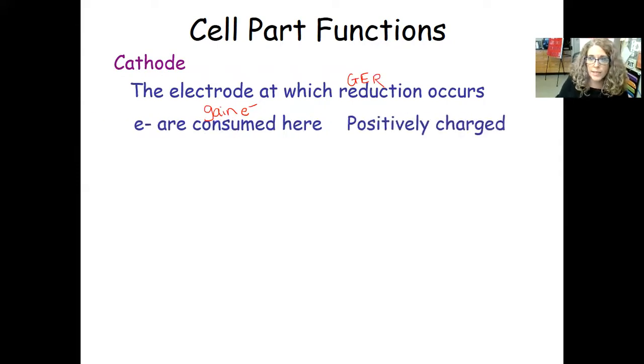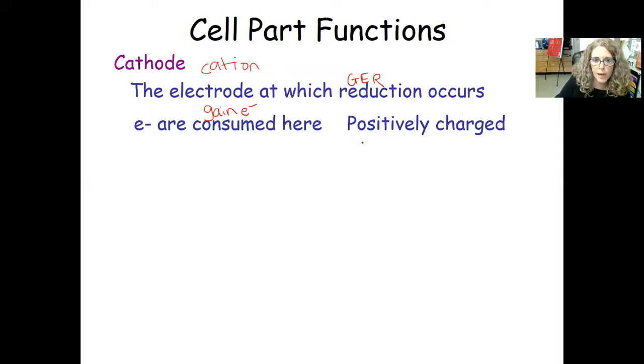And this is going to be our positively charged electrode, which is where we get the name from cations. See, cations are positive. So the positively charged terminal of your battery is called the cathode, which is where reduction occurs.